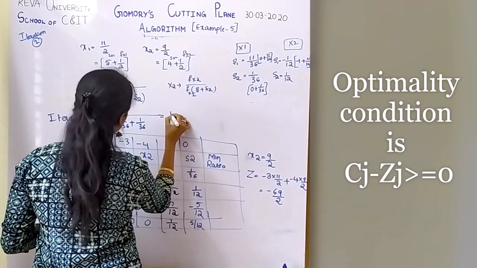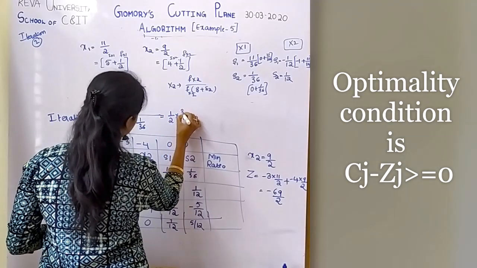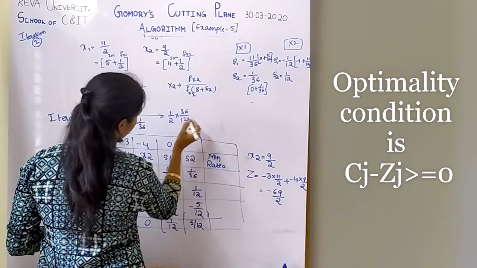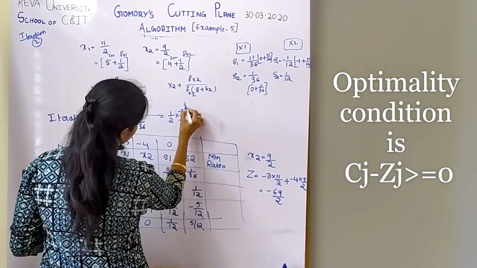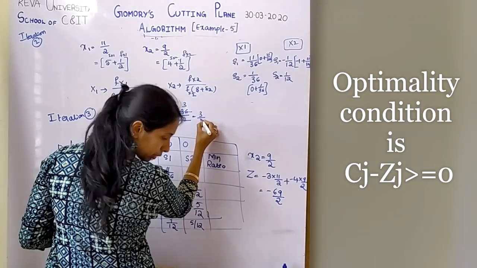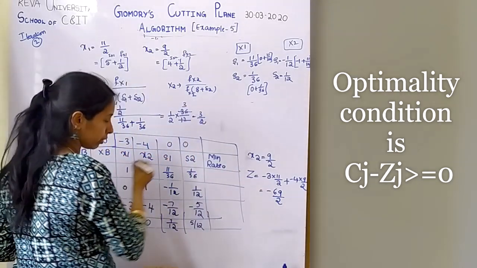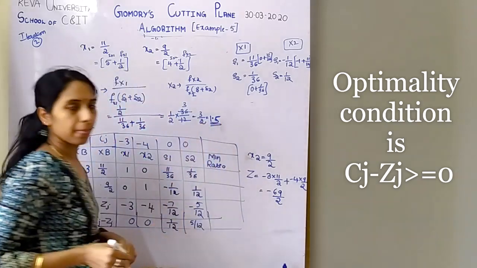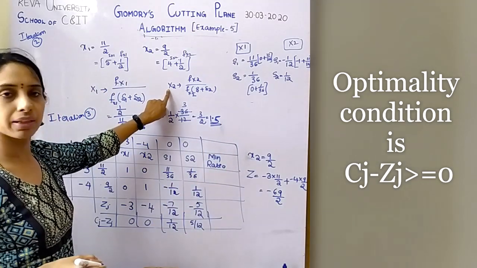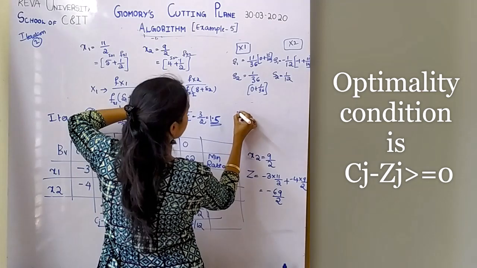So, you will get here 1 by 2 into 36 by 12, 3, so 3 by 2. You will get 1.5.